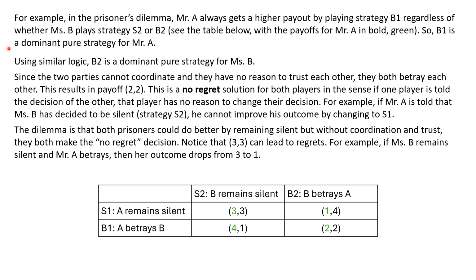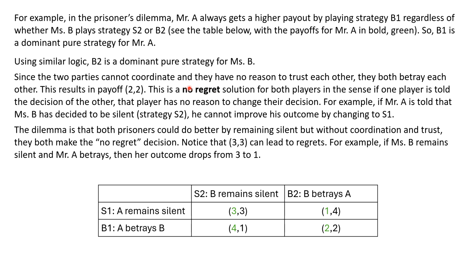So B1 is a dominant pure strategy for Mr. A. Using similar logic, B2 is a dominant pure strategy for Ms. B, which we've seen already, but I wanted to introduce another concept here. Since the two parties cannot coordinate, that's the rule for this game, and it's typical for simultaneous games, and they have no reason to trust each other, they both betray each other. The result is payoff 2-2.